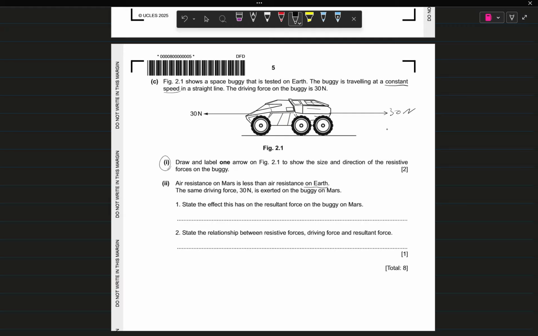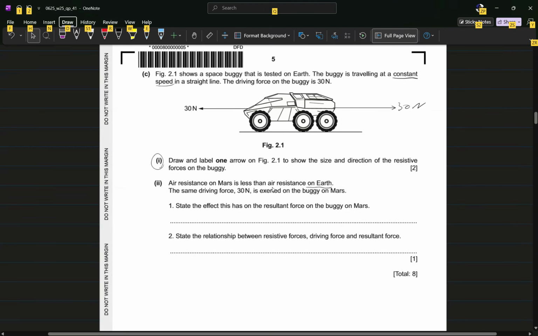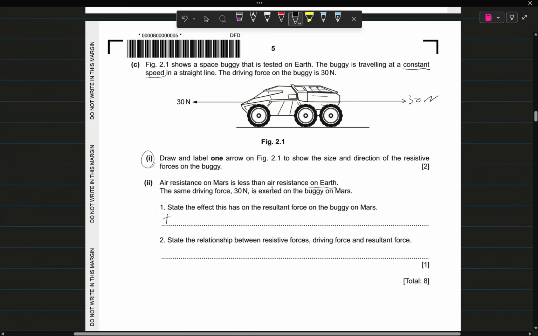So here they only want us to say the effect on the resultant force, which would mean that the resultant force will be forward. It will be more positive. So we can say there is a resultant force in the driving direction.